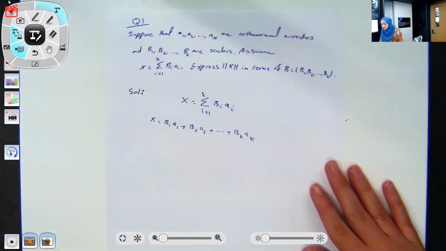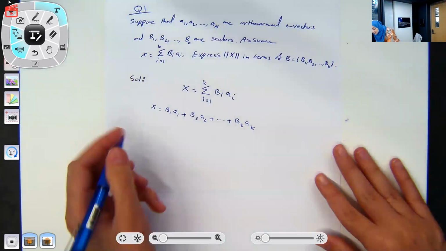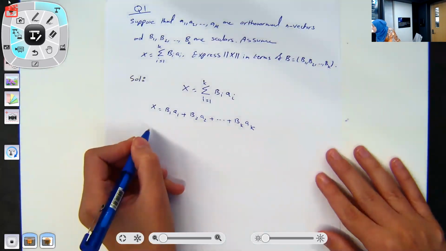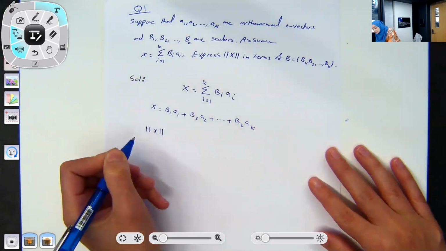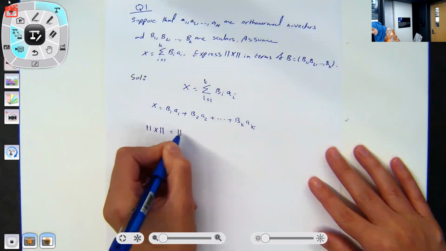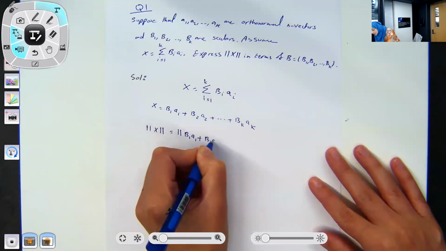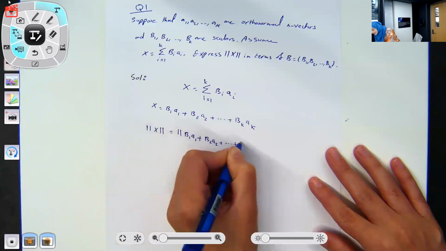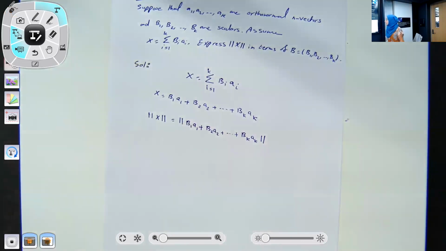So this is the value of X. They ask you to find the norm of X. Let's take the norm for both sides. The norm of X equals the norm of B1 A1 plus B2 A2 up to BK AK.